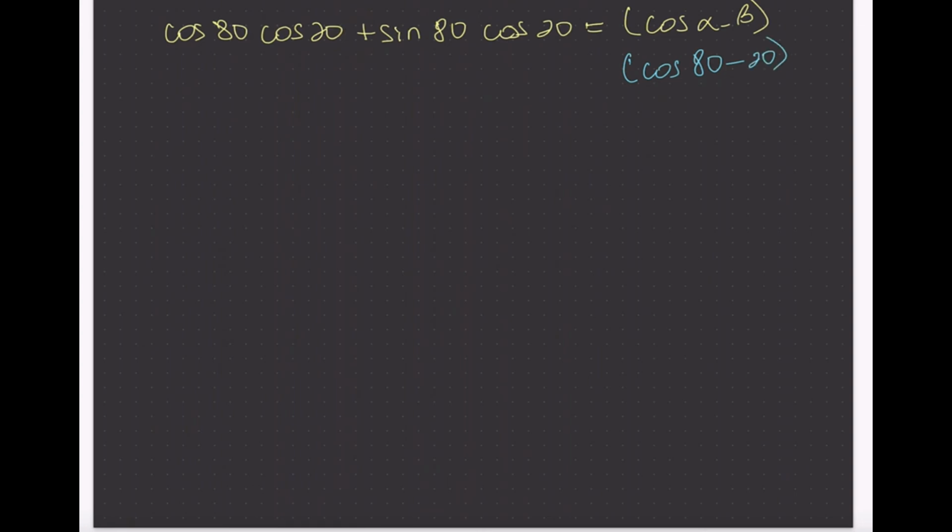So I can simplify this down to the cosine of 80 minus 20, which is the cosine of 60. And do I know the cosine of 60? I most certainly do. That is 1/2. And is that the exact value? That's the exact value. So you guys are done.